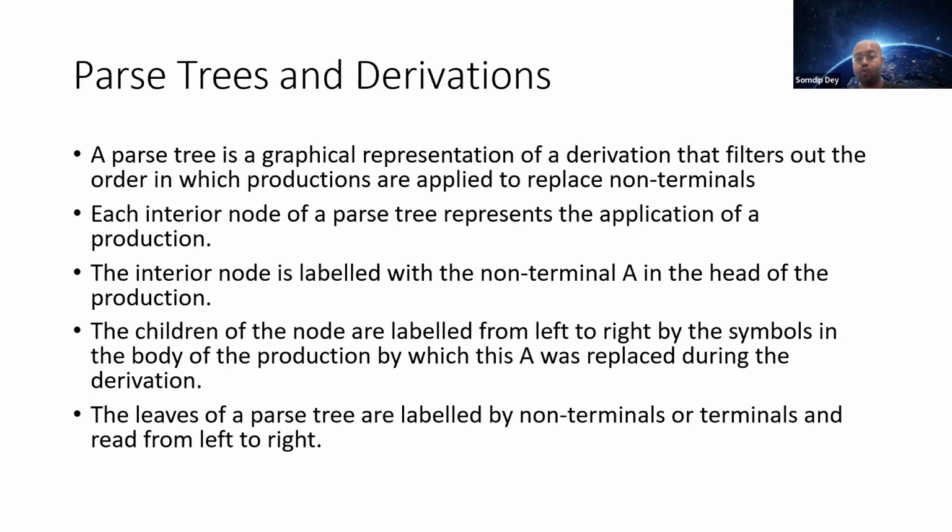The interior node is labeled with the non-terminal, let's call it A, in the head of the production. The children of the node are labeled from left to right by the symbols in the body of the production by which this non-terminal A was replaced during the derivation. The leaves of the parse tree are labeled by non-terminals or terminals and read from left to right.